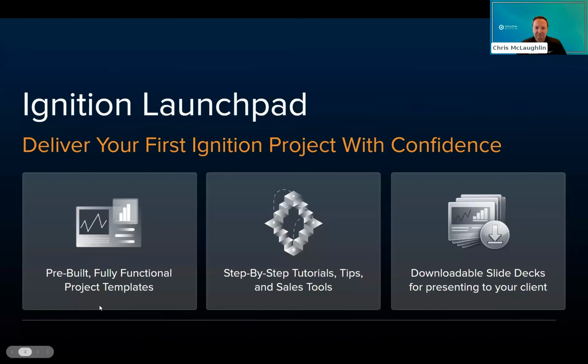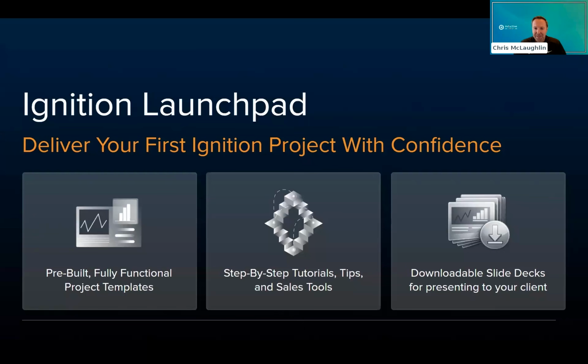But first, let's explain what Ignition Launchpad even is. These are pre-built, fully functional, ready-to-go production floor type projects. And there are two of them that we're going to be explaining today. Launchpad also comes with full instructions, manuals, step-by-step tutorials, and they are video tutorials. Makes it very easy.